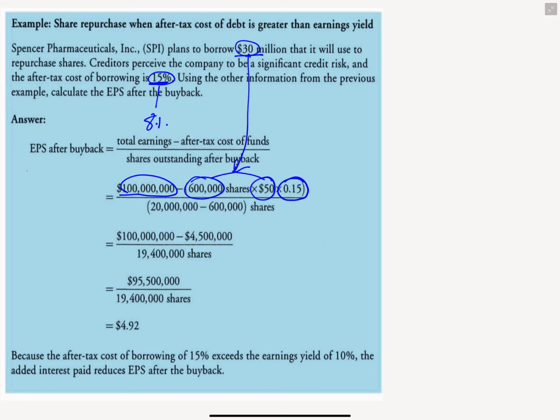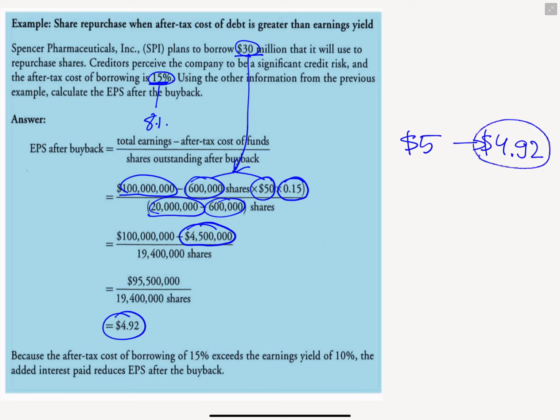Its after-tax cost of debt is 15%, the same share, but this becomes costly. Our money becomes costly, so earning per share will fall. Before it was $5, it will fall to $4.92. What does it mean?